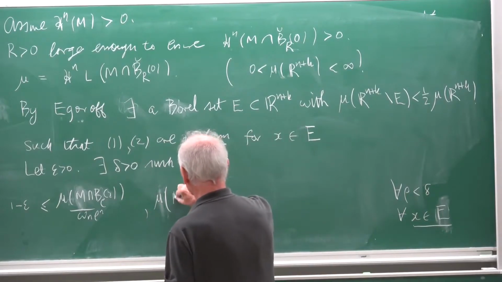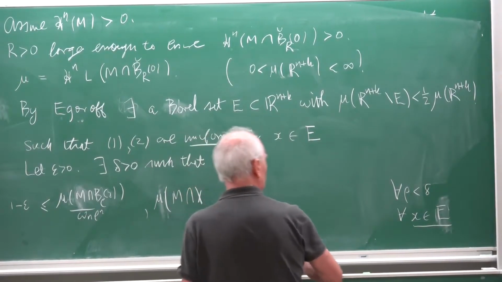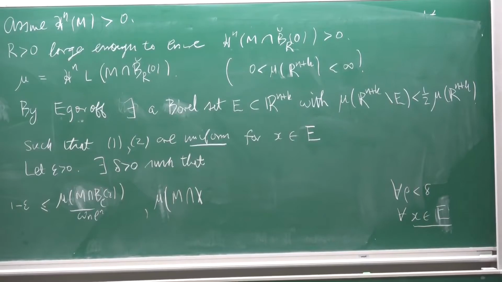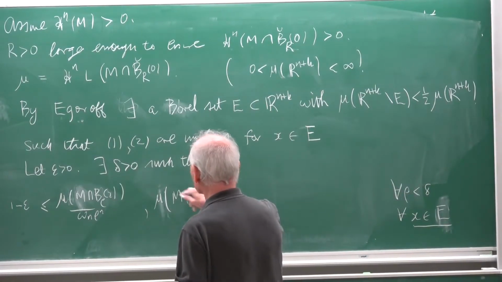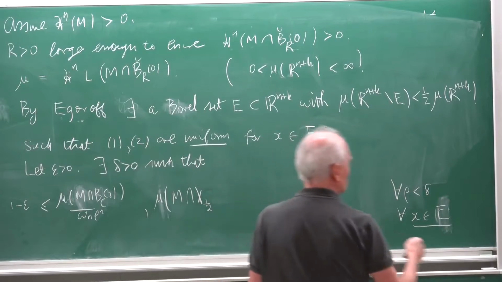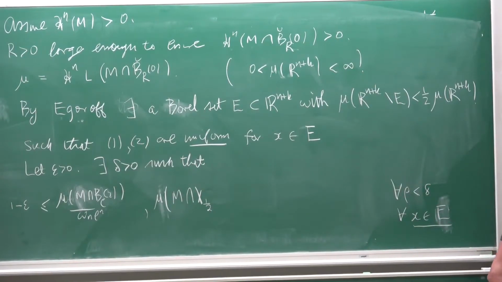So H^n restricted to mu, m intersect the cone X(x, alpha). And I'm going to use this one. I'm again going to throw away a bit of information. We knew this one for each alpha, but let's just take alpha equals a half as a convenient choice. So take alpha equals a half. And so we're applying Egorov to the case when alpha equals a half here, right?